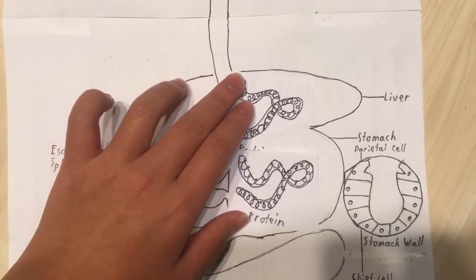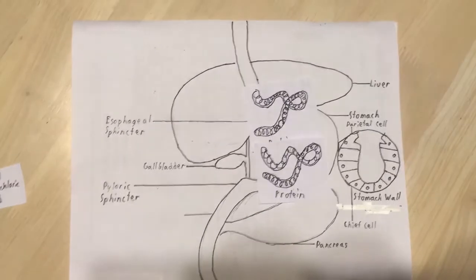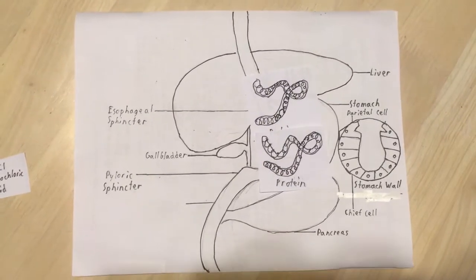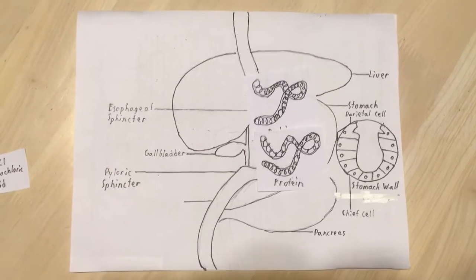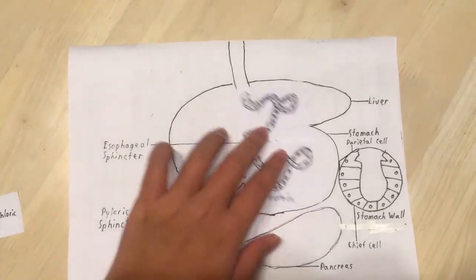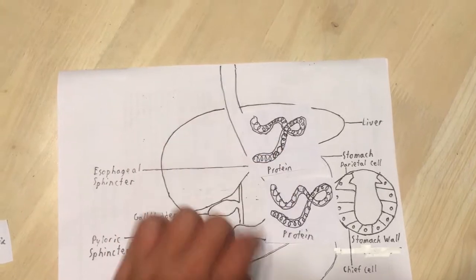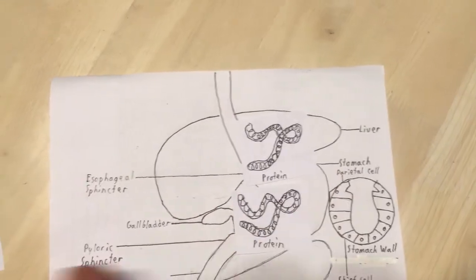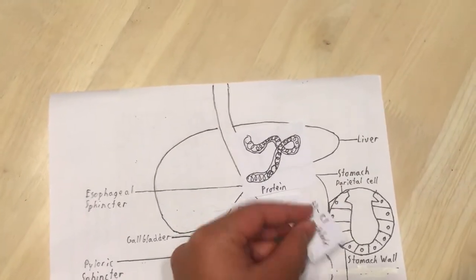The stomach lining has chief cells and parietal cells. Chief cells secrete an inactive enzyme called pepsinogen. For it to become the active enzyme pepsin, it must come in contact with the hydrochloric acid, which is produced by the parietal cells.